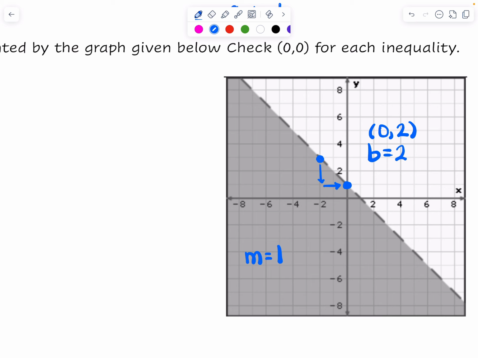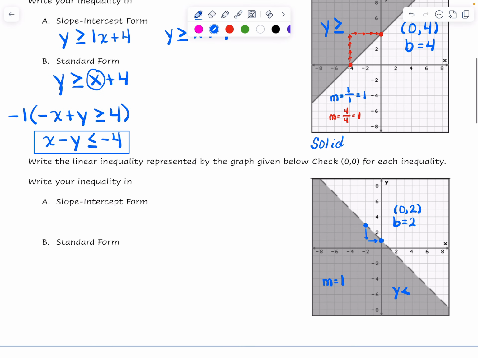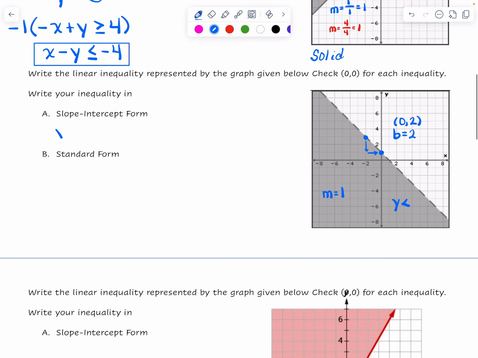Then I know that it's shaded below, so that's going to be y is less than. It's a dashed line, so it's not going to be equal to. Now when I go over to write my equation, y is less than 1x plus 2. Or we can just say y is less than x plus 2.